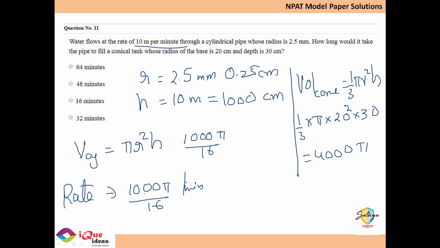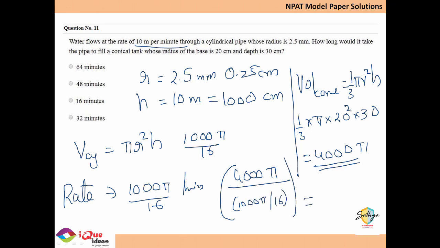So if 1000 pi by 16 is the rate of flow, then to fill 4000 pi, how much time do I require? So I divide the volume by the rate of flow, which is 1000 pi by 16. Simplifying this, you will get 16 minutes is the time in which the entire tank will be filled, right?